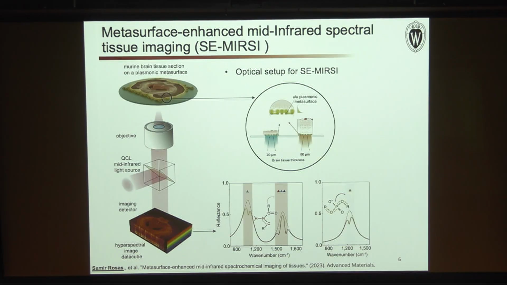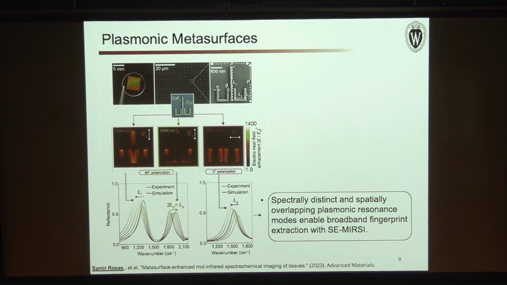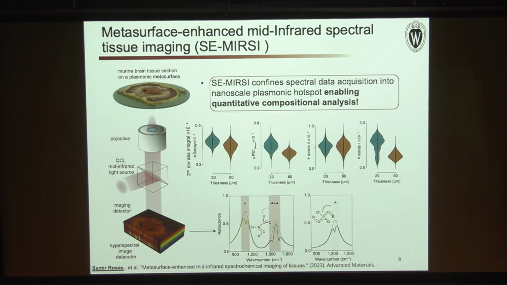So the enhancement that is happening with SIMMERCY is that pretty much you shine light onto the metasurface, and then that light is going to couple to this structure. And then because of the coupling between mid-infrared light and the structure, it's going to create basically an electric field around the structure, right? And we know the shape. I'm being a little bit not rigorous here, but you can think of the shape of that electric field like this, right?